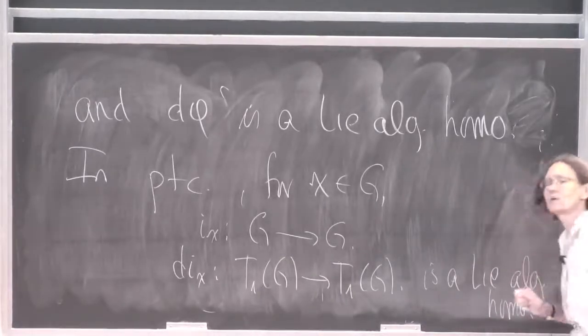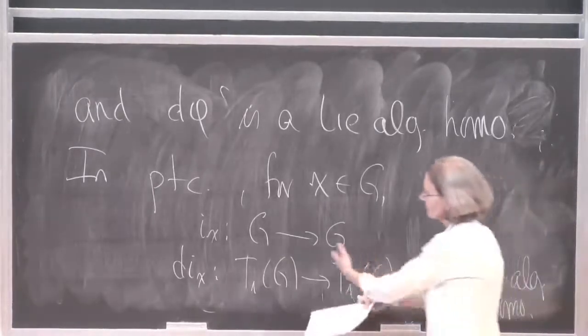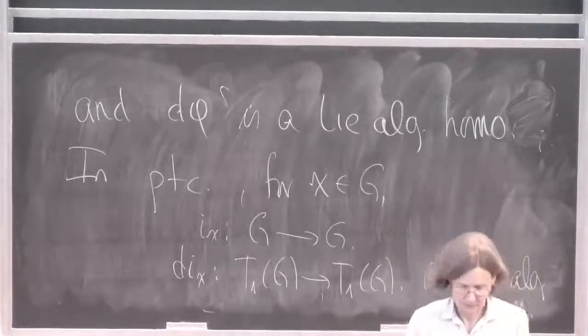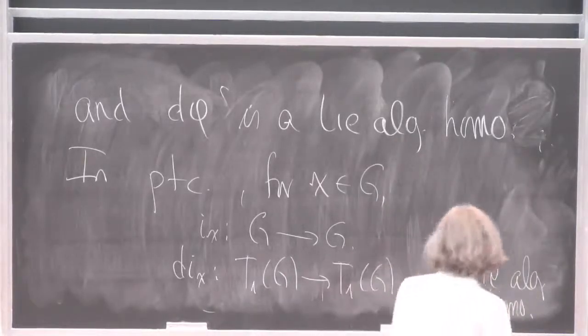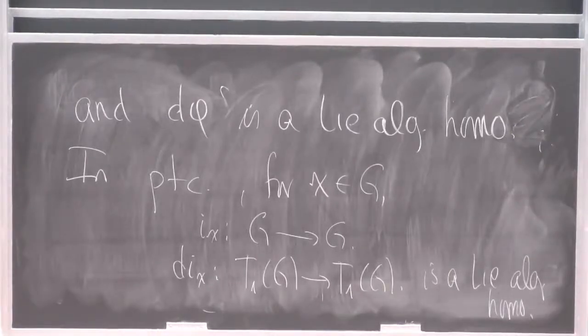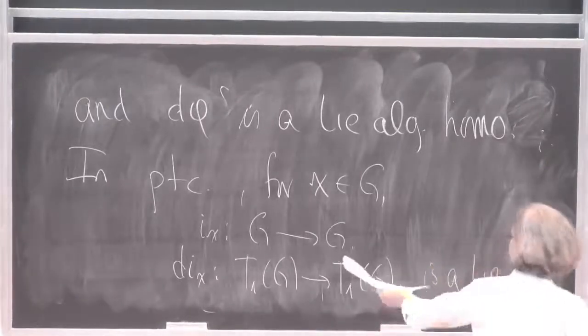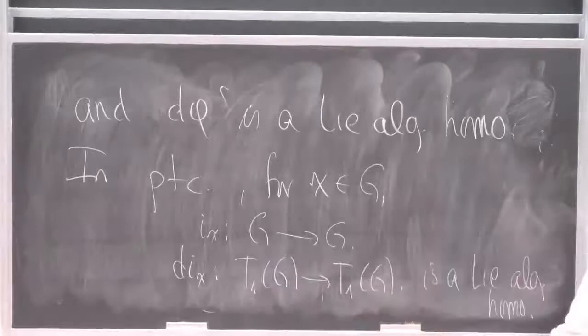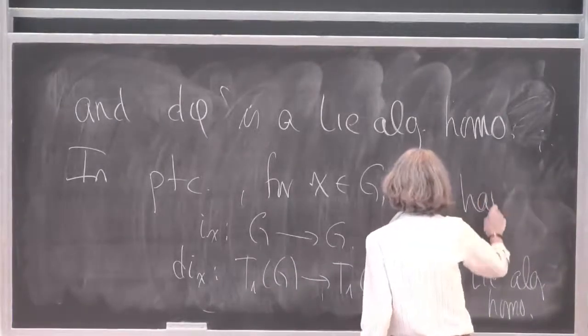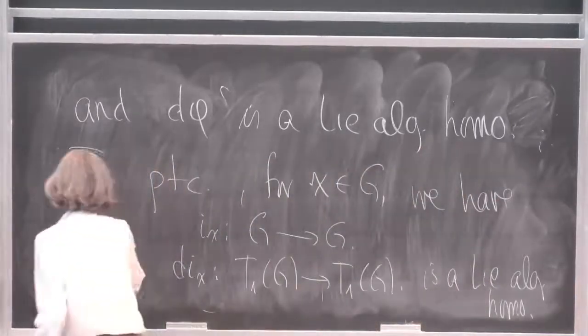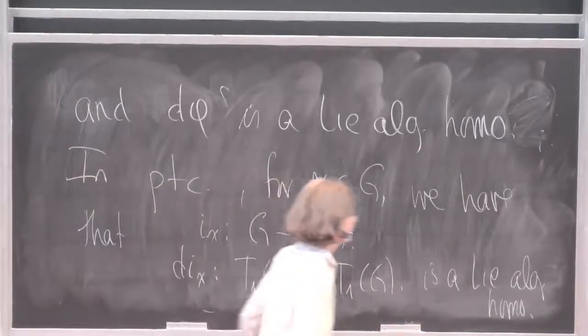So in particular, this guy here is a Lie algebra homomorphism. I could maybe not write T, but write Lie, because I have this isomorphism. And the map that I will now define, capital Ad, is the map that takes x and sends it to this guy. So for x in G, we have this, a Lie algebra homomorphism.